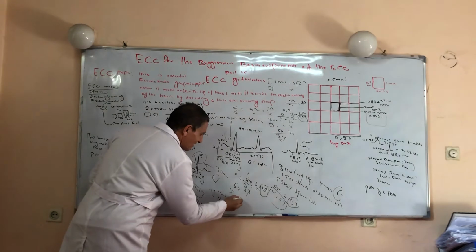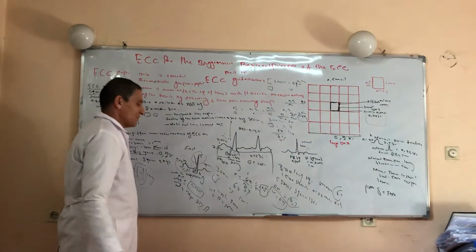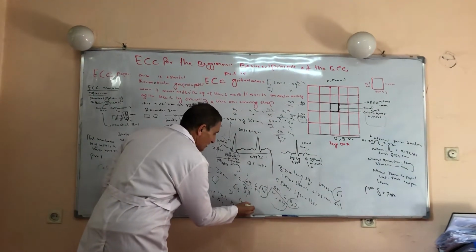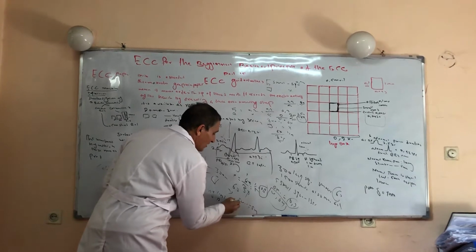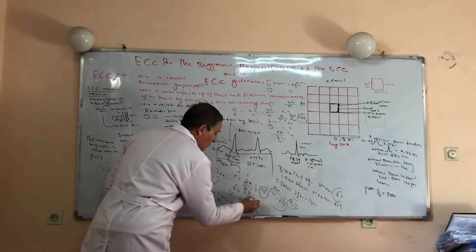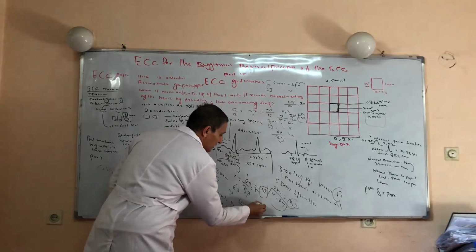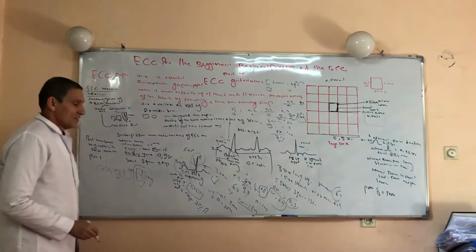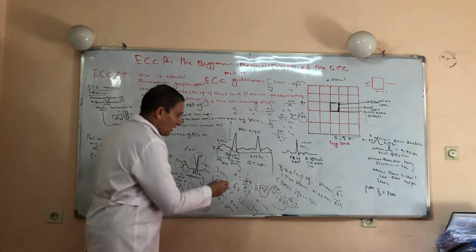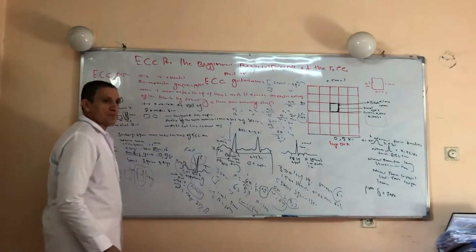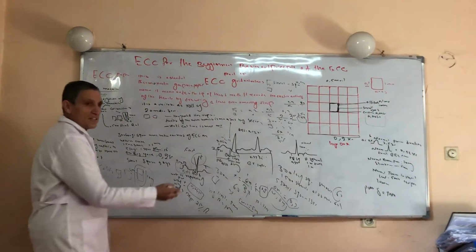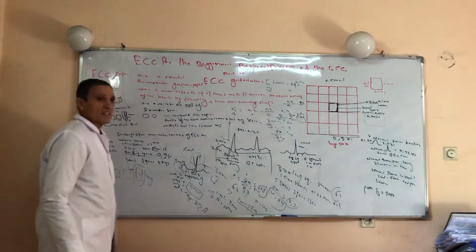The height of the T wave in the limb leads reaches 5 millimeter, and in the precordial leads 10 millimeter, like the R wave.